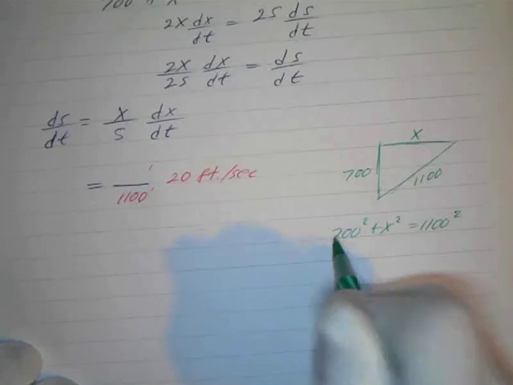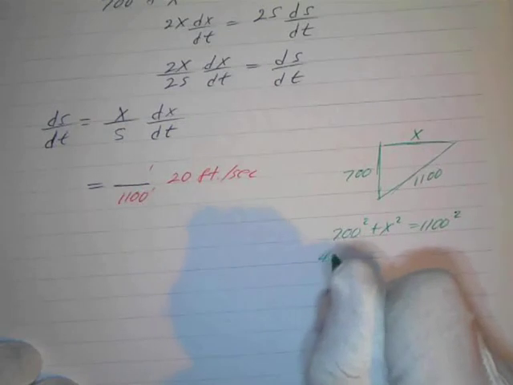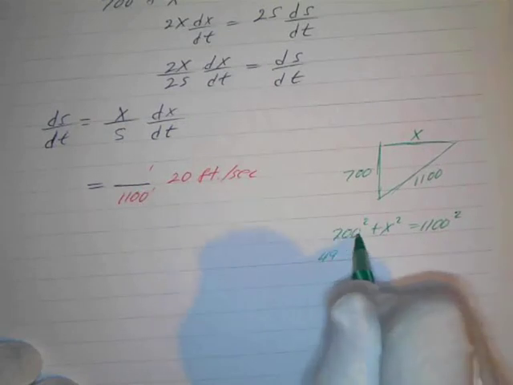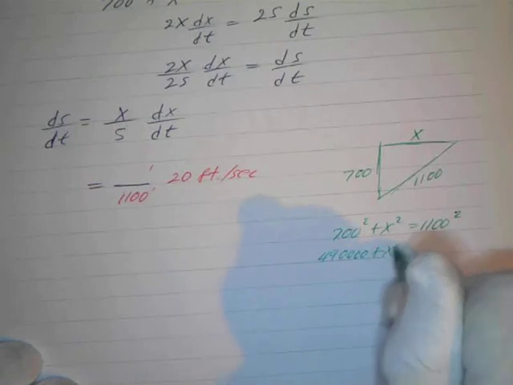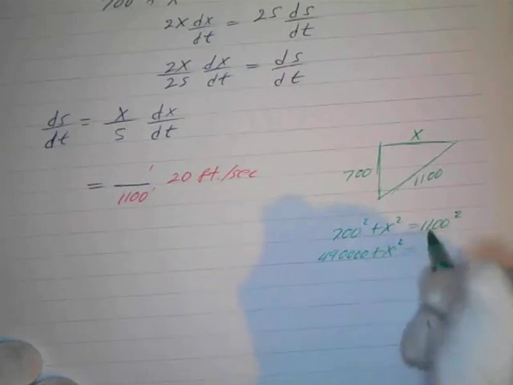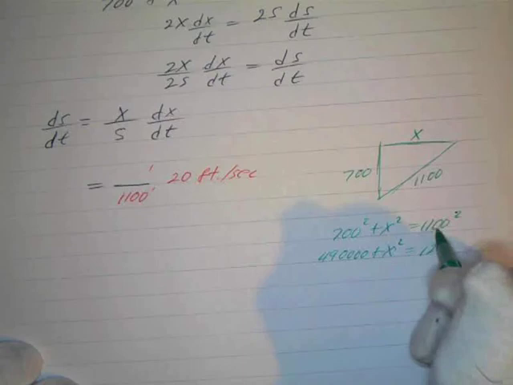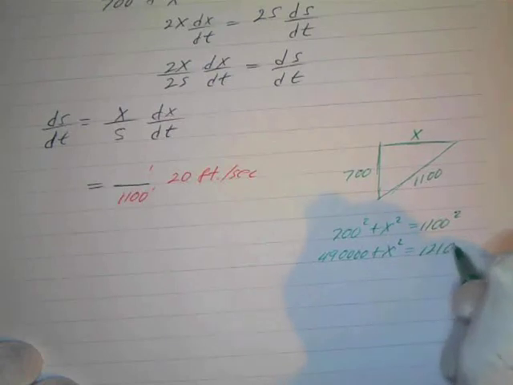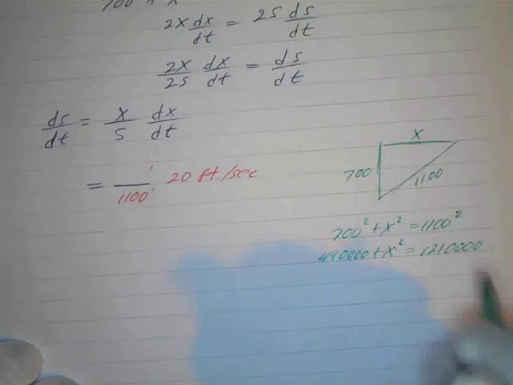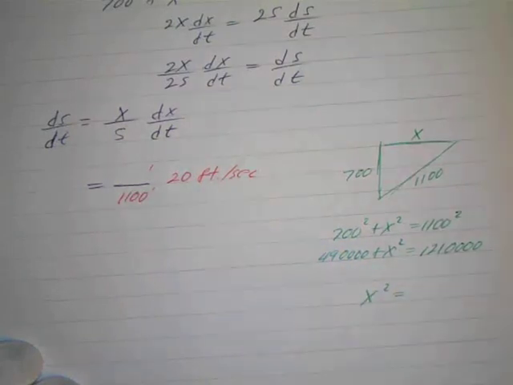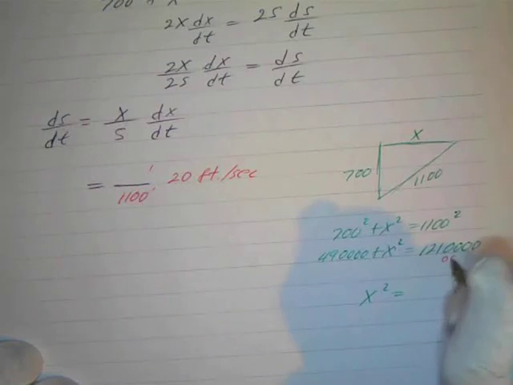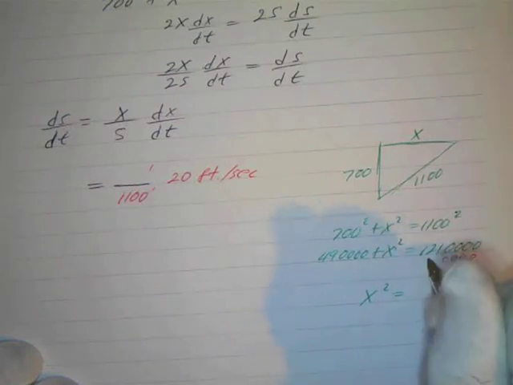So 7 times 7 is 49, and if I square 2 zeros, I get 4 zeros, plus x squared. Now 11 squared is 121, I know that, and if I square 2 zeros, I get 4 zeros again. So x squared equals, I'm going to have to subtract the 4 zeros and the 49.